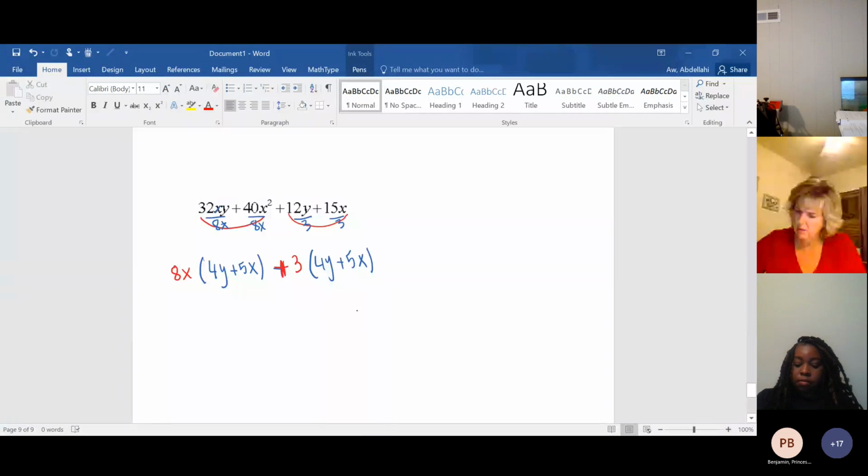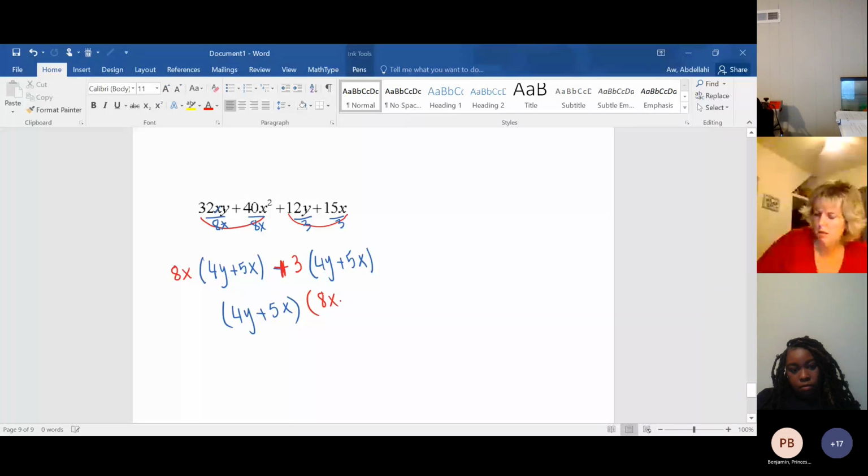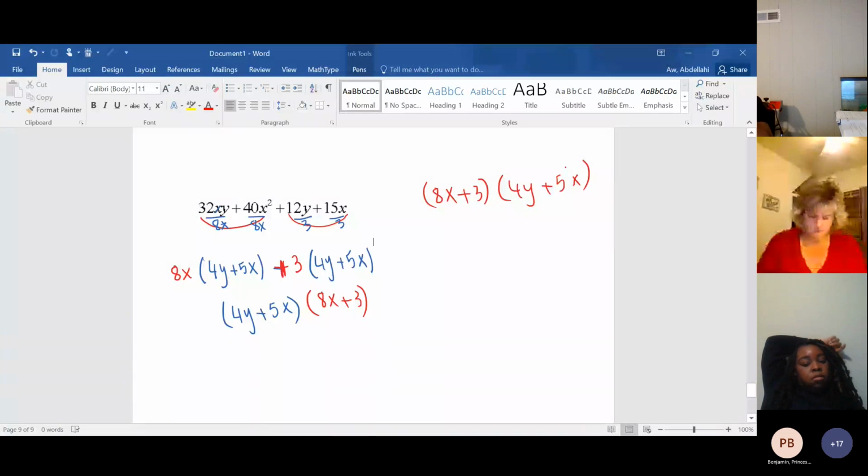Now I see the blue parentheses is a common parentheses. I can put 4y plus 5x, and then what do I have for the other one? 8x plus 3. Thank you very much. If somebody has 8x plus 3 first and then 4y plus 5x in second position, it is the same answer. So you see, that is factoring by grouping. And please review those problems.